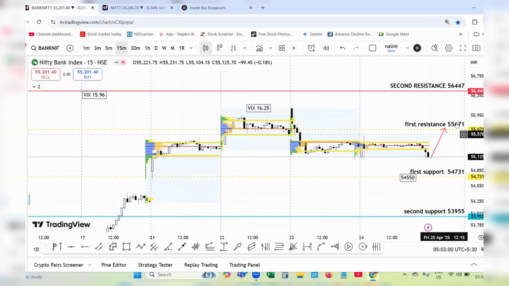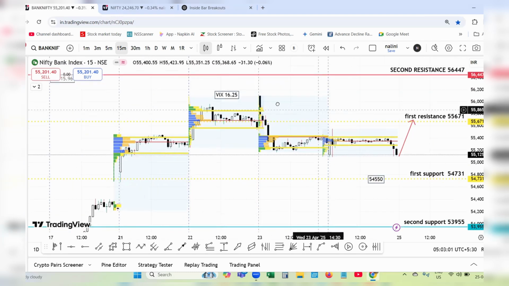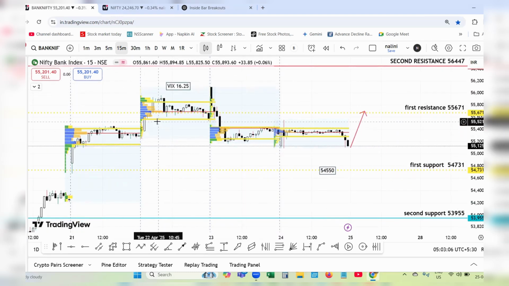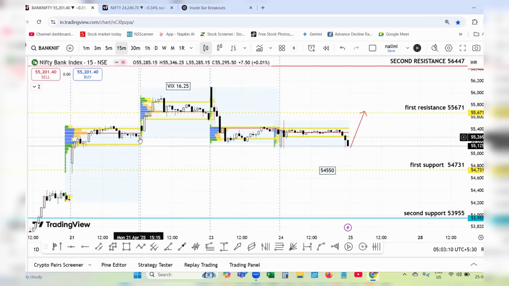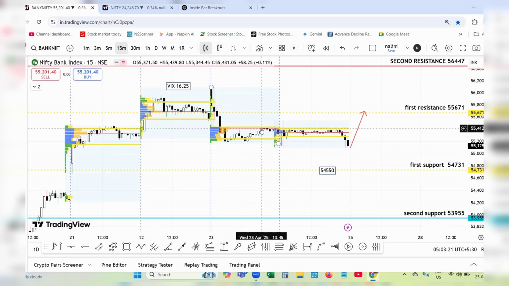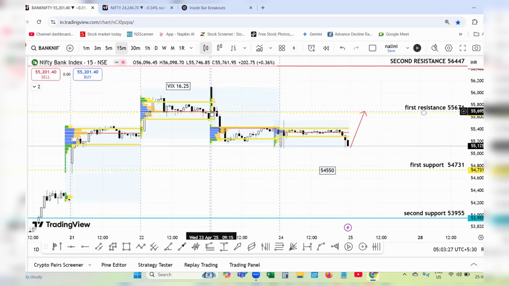Because liquidity is available, it can tap into this point of control and a little bit more in the market. Bank Nifty may show short covering to the level of 55,671. Later, after short covering, it may continue its direction towards the downside.